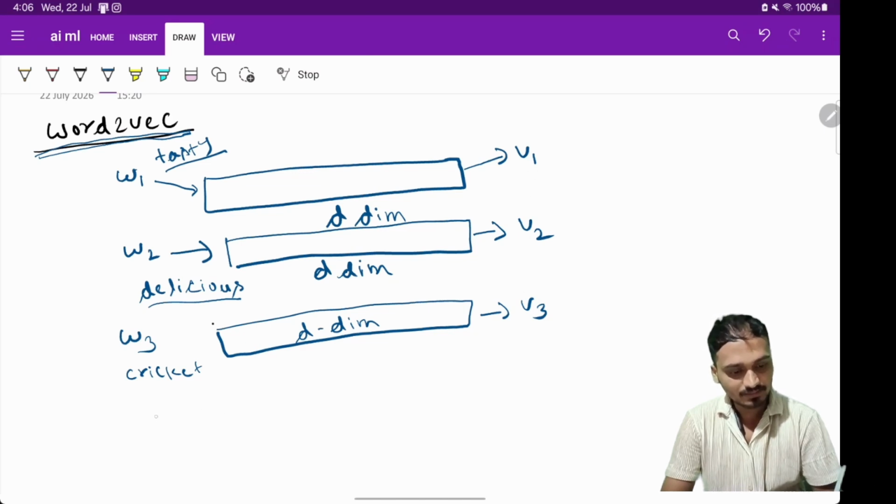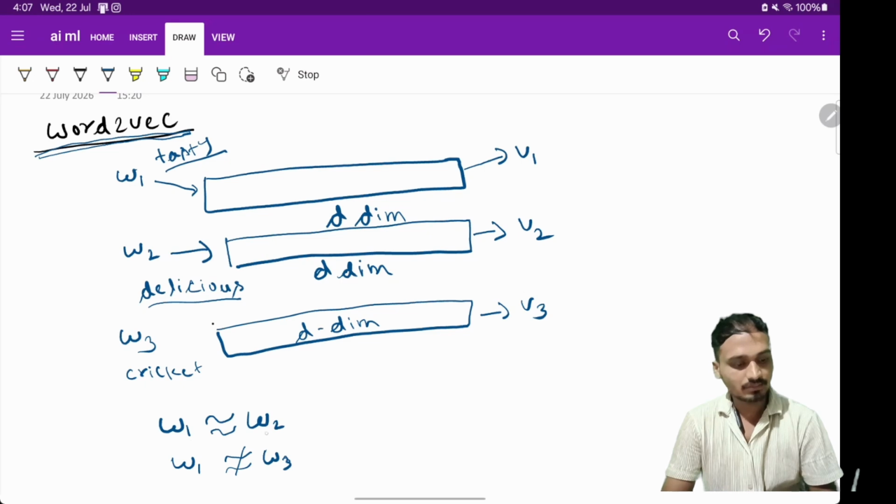It will say that W1 is very similar to W2, while W1 will not be as similar to W3 as it is to W2. This is what Word2Vector preserves.